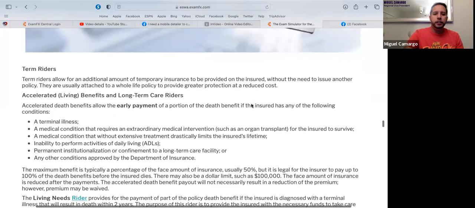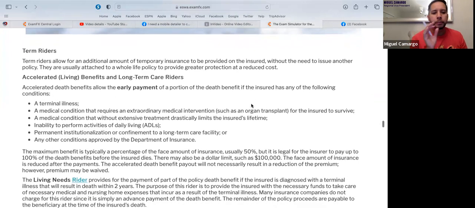Okay, this right here is what I was talking about with the accelerated death benefit, the terminal illness rider. This is what is called the accelerated living benefit. You must become terminally ill. Let me cover the details on this, guys. In order to receive an early payout of your policy, you must be terminally ill. Some people call that six months or less to live.